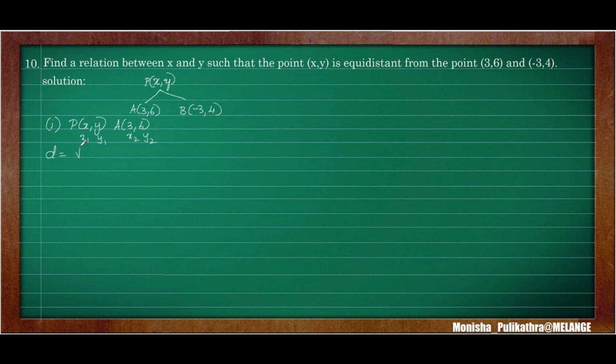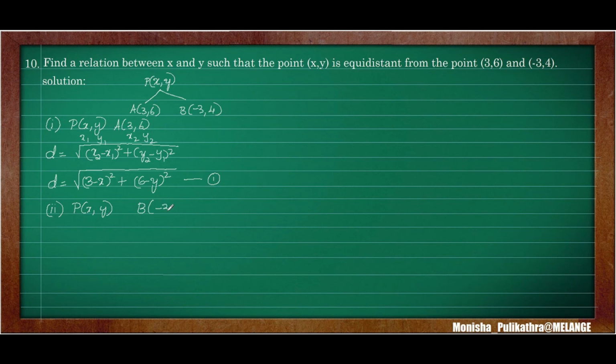So applying the distance formula, x2 minus x1 whole square plus y2 minus y1 whole square. So d is equal to x2 minus x1 is 3 minus x whole square plus 6 minus y whole square. So let this be equation number 1. Okay, so the second case is, here we need to take P of x y and B point.